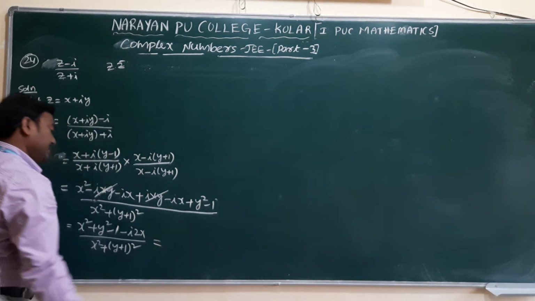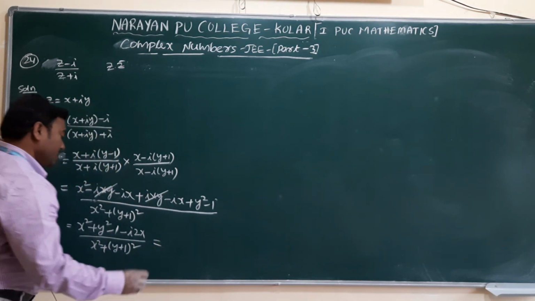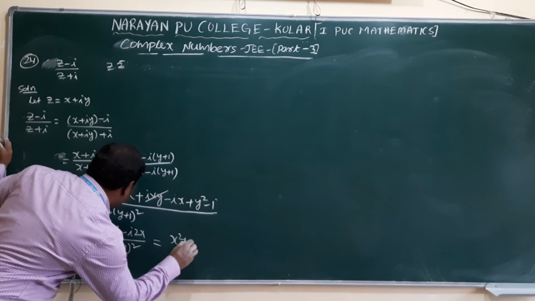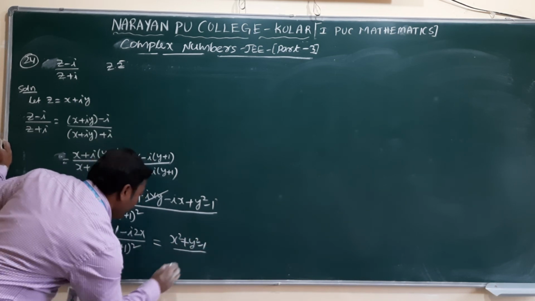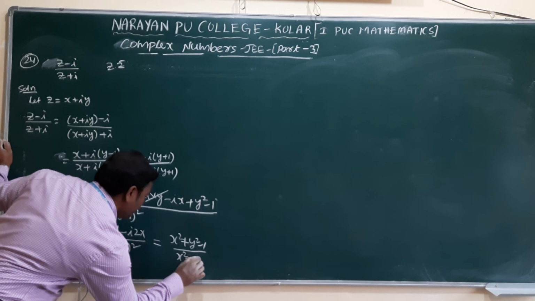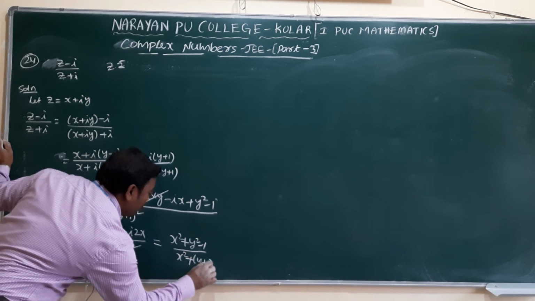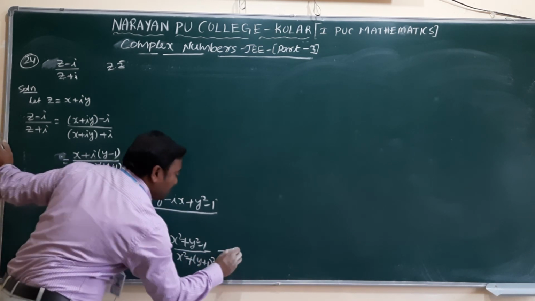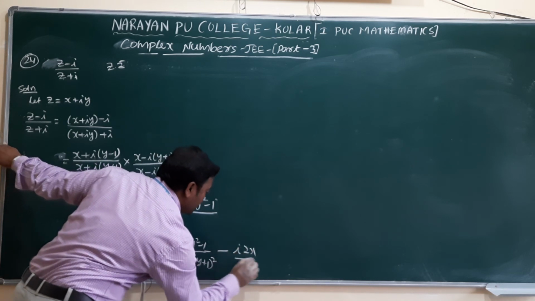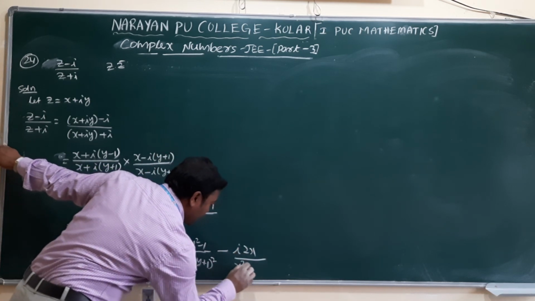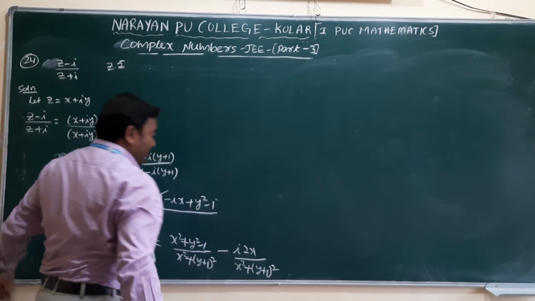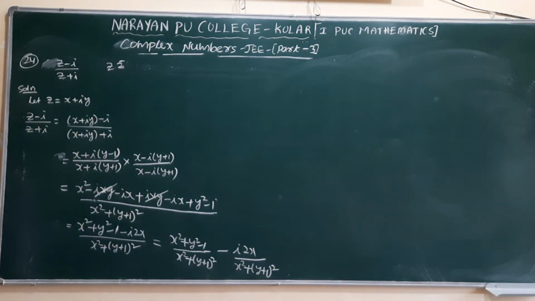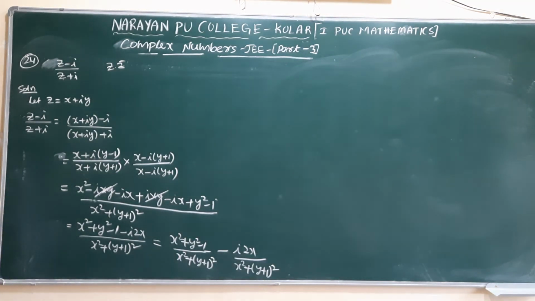Separating the real part and imaginary part: (x square plus y square minus 1) divided by (x square plus (y plus 1) whole square), minus i into 2x divided by (x square plus (y plus 1) whole square). But it is purely imaginary, so the real part should be 0.